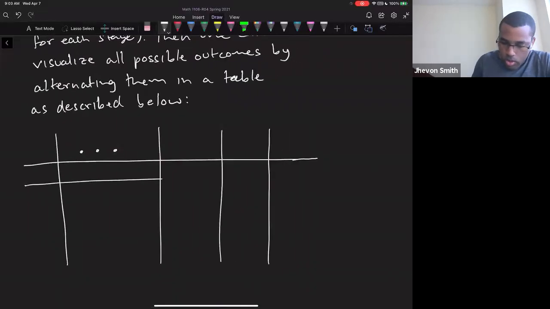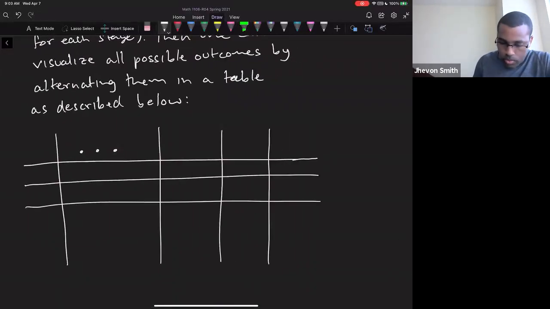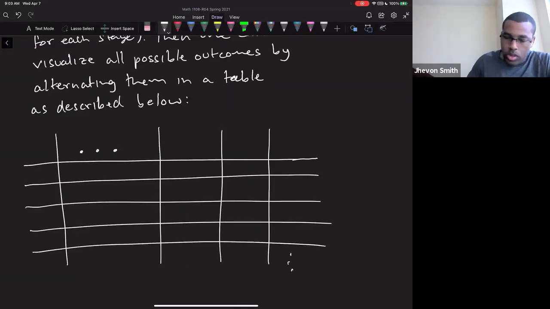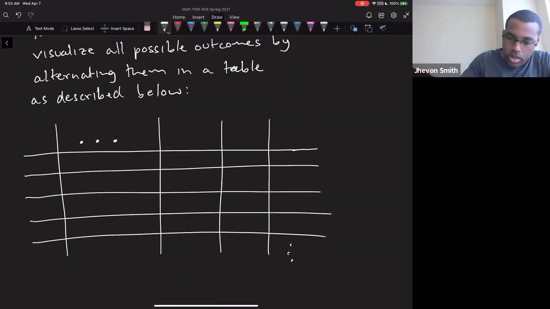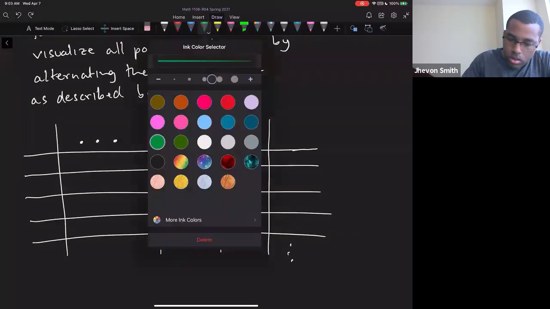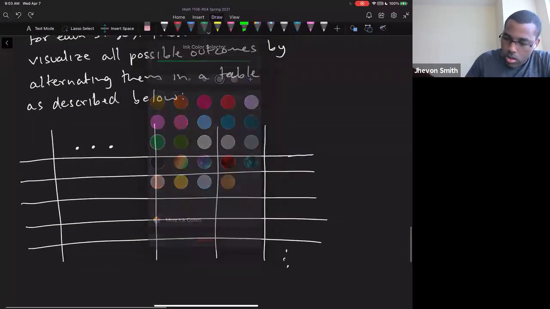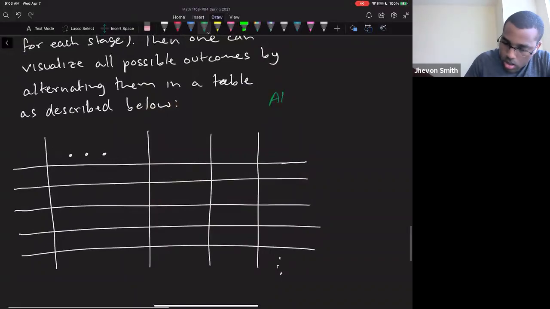So you're going to have a bunch of rows. And here's how you're going to do this. You're going to alternate every blank rows.